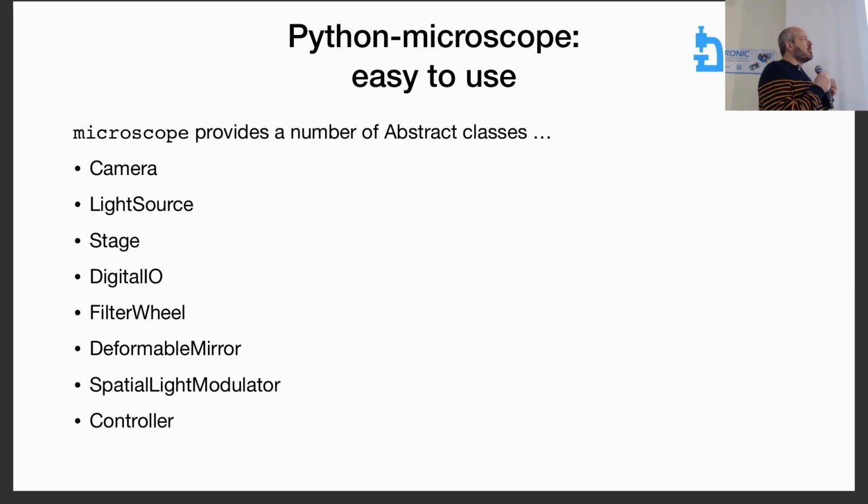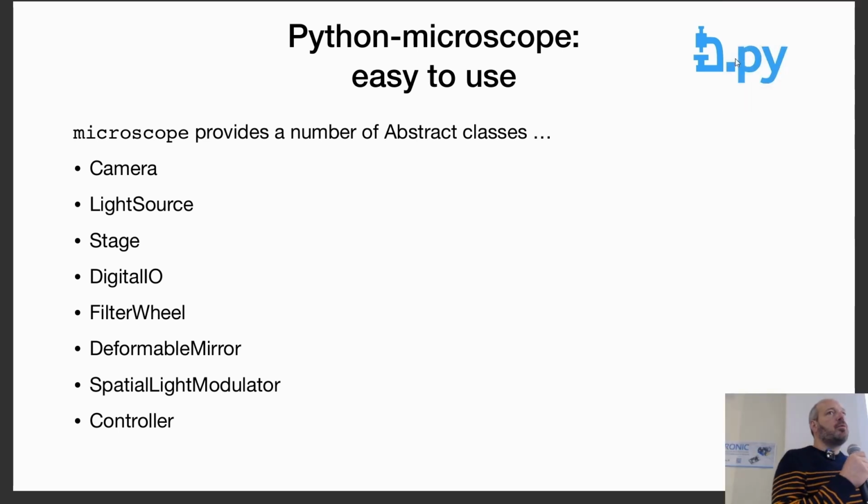What it provides is a number of abstract classes which represent microscope devices. There are cameras, light sources, stages, digital I/O, filter wheels, deformable mirrors, zoom, spatial light modulators, and controllers. A controller is a special device that assembles other devices together into a single device, for example controlling light sources and stages at the same time.